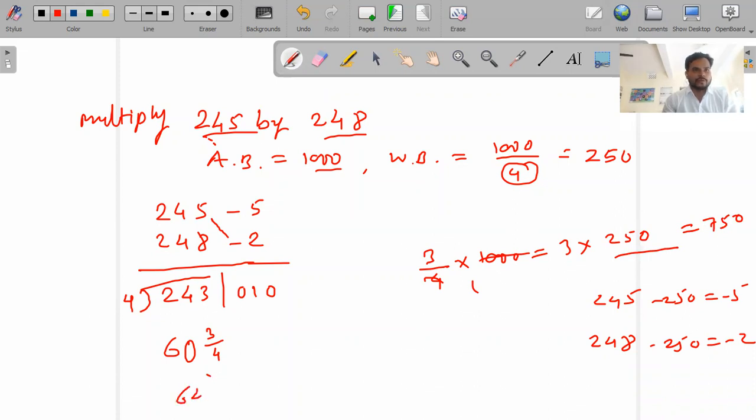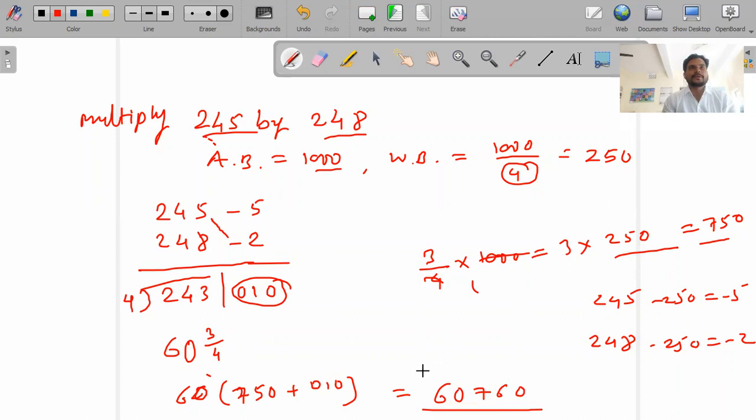Now this 60, and to the right side this 750 plus 010. You have to add this 750 to the right hand side, and that will be the answer. That means 60 and 760. So this is the multiplication of 245 with 248. Am I right here? You can check using a calculator.